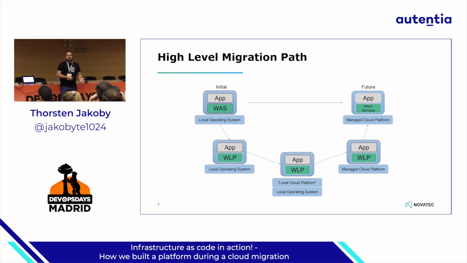For example, PCF Dev, Cloud Foundry Dev, or Minikube if Kubernetes is the thing. And if that works out, we want to shift the monolith to the managed cloud platform. I do have a 60 or 70 minute talk together with a colleague where we only talk about this migration shift with live demo. But that's not infrastructure as code in action, right?